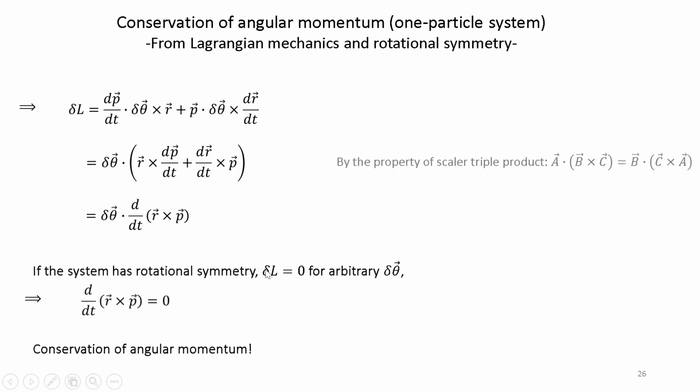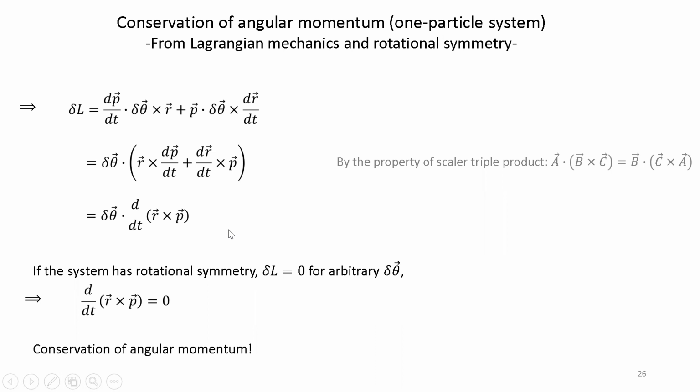Now rotational symmetry. What is the definition of rotational symmetry? As I said, it means that you rotate the system and the Lagrangian does not change. So if I apply some virtual angular displacement delta theta, is delta L 0 or not?